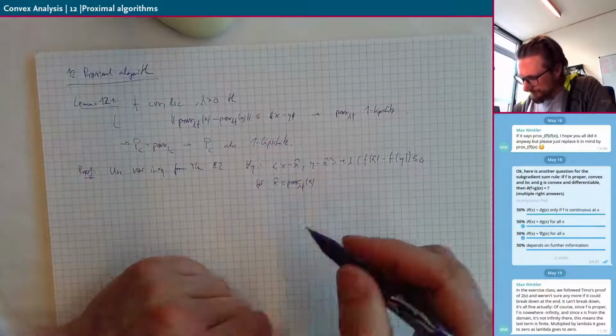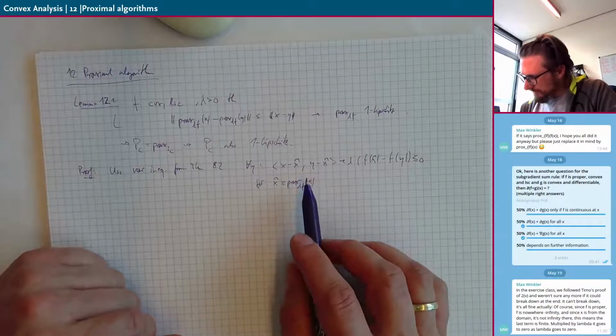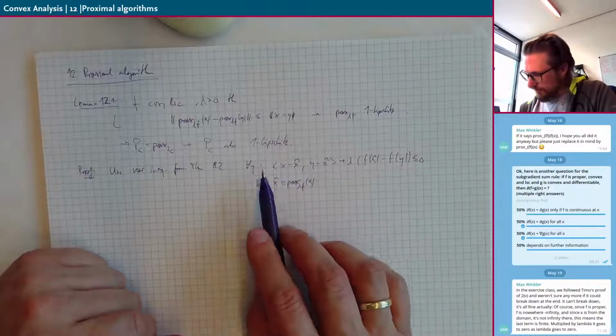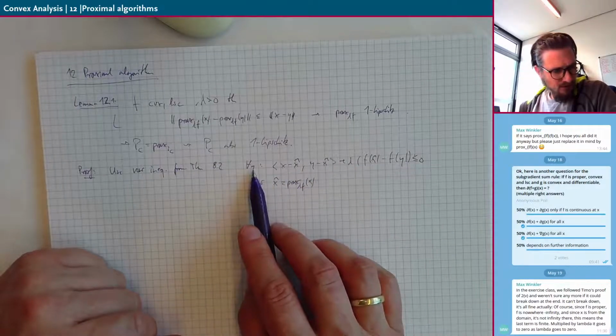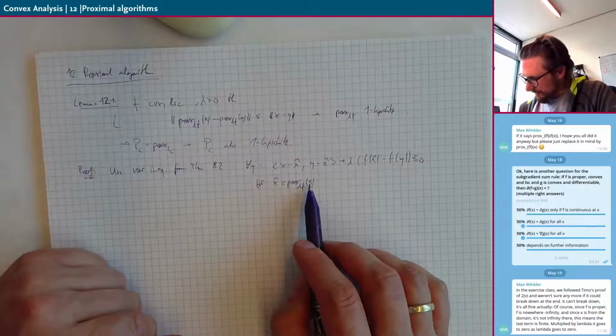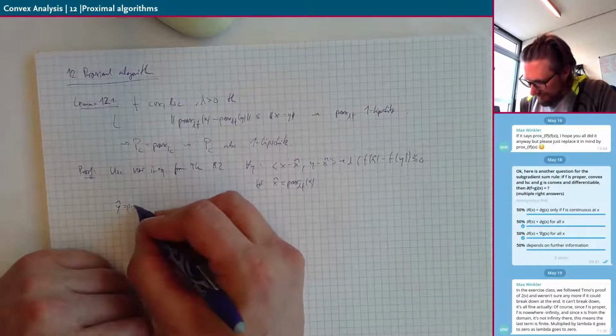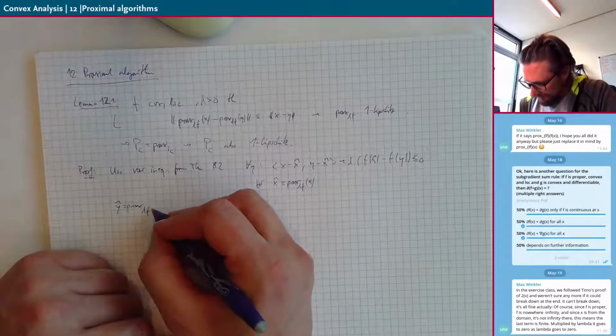We use that twice, the second time the other way around. Say y hat is the prox of lambda f of y.